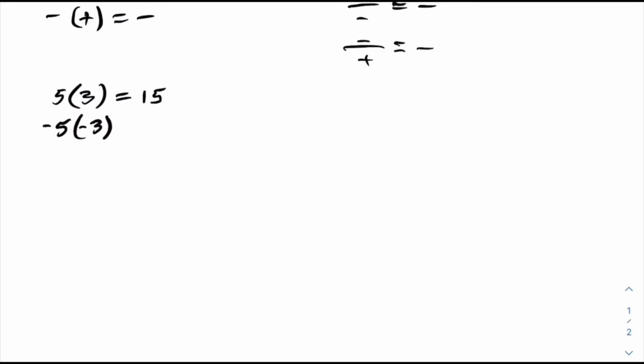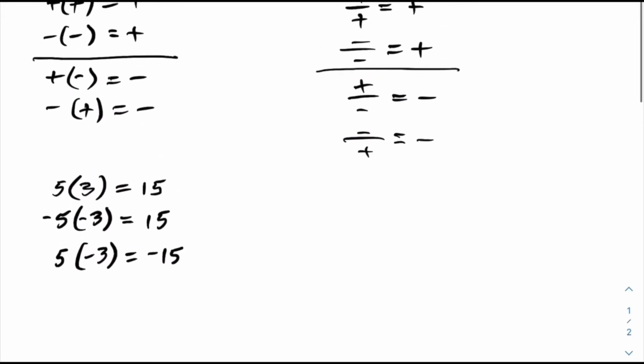Let's try another one. Negative 5 times negative 3, that gives you positive 15. And let's say if you have 5 times negative 3, that gives you negative 15.